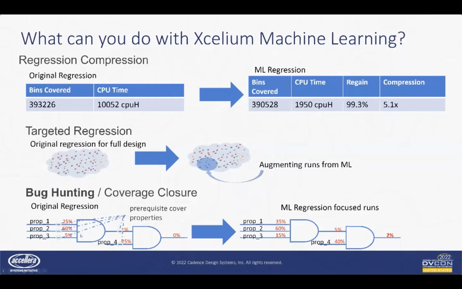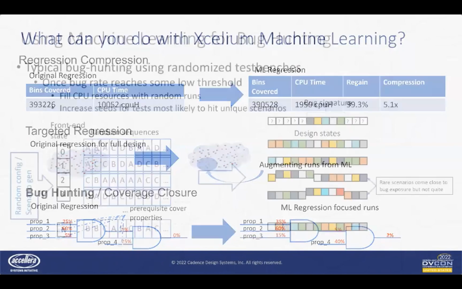So if you have a case where certain coverage is hit rarely, maybe in this case 5% of the time, and you need certain conditions to occur to expose a bug or hit a hole, then what Xcelium ML is doing for you is increasing the probability that you're going to get to that condition. That's the nature of how Xcelium ML works, and so that's what you're getting out of it. Right?